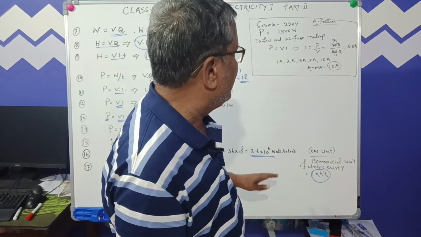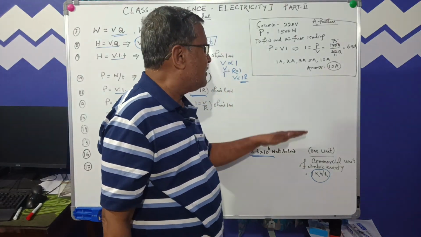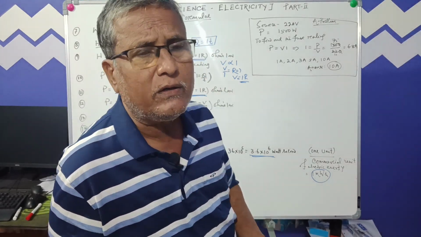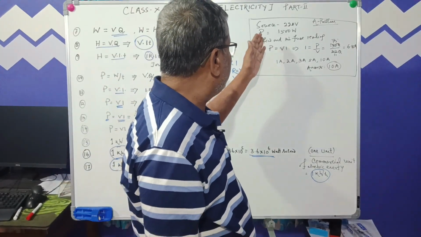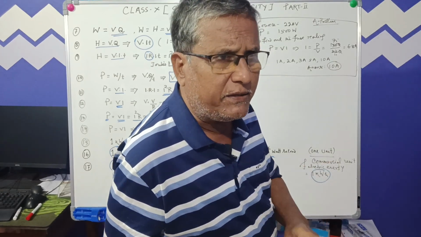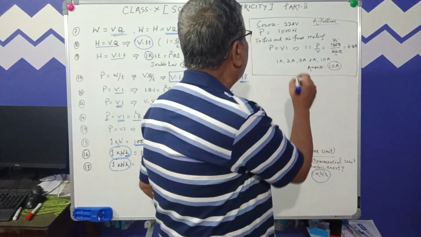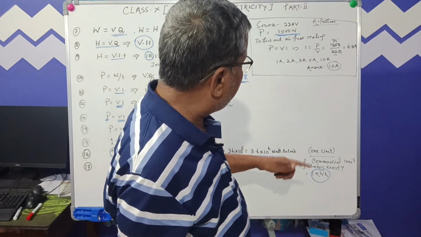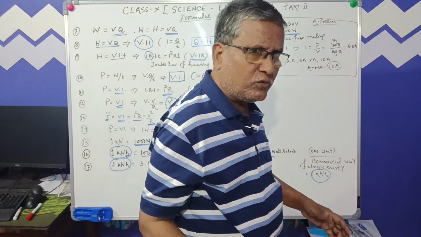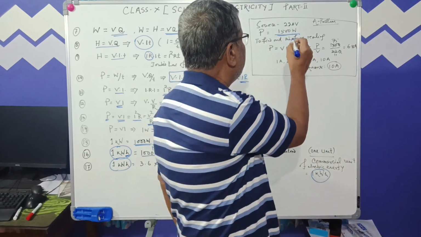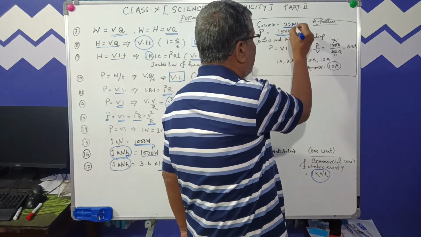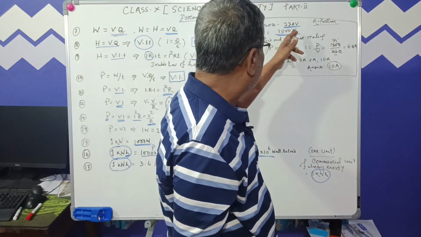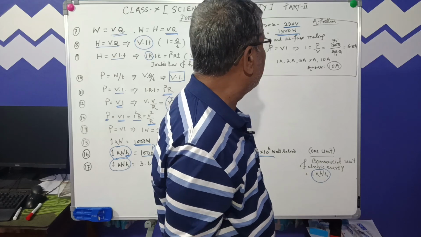So the meter reader says, in this month you have consumed 150 units, meaning 150 kilowatt hour energy you have consumed. Based on this, we have taken a problem for your clear understanding. An electric heater of 1500 watt, that is the power, is connected to a source of potential difference of 220 volt.